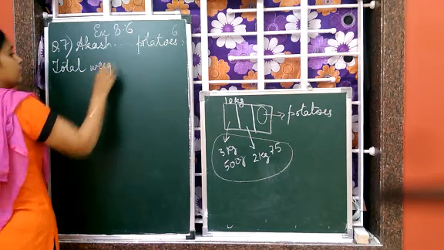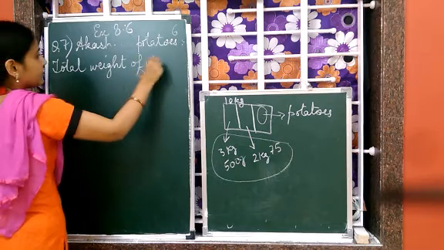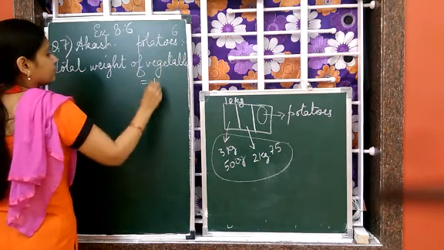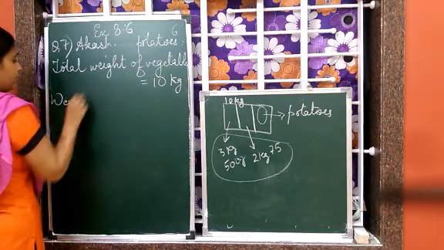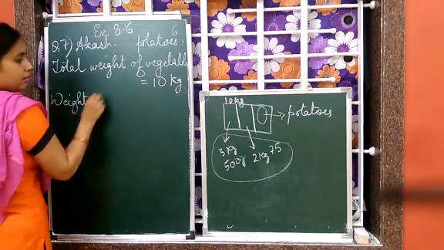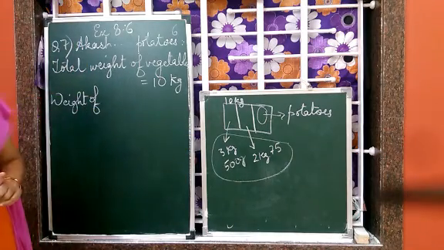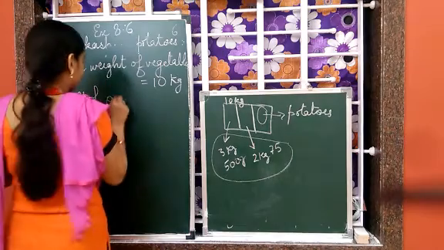Total weight of vegetables 10 kg. Then weight of, what is this? Weight of onions.